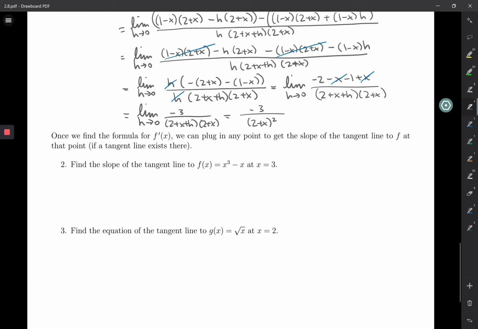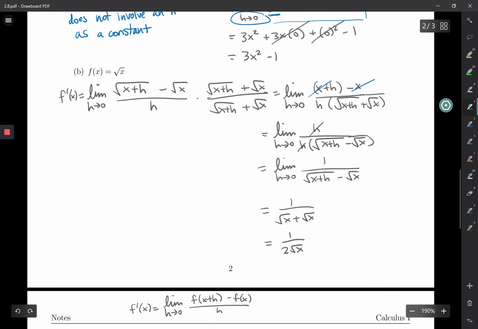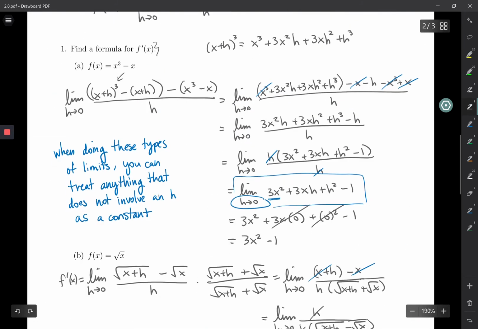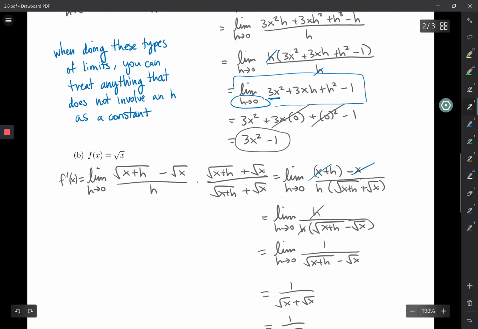Okay, so once we find a formula for f prime of x, we can plug in any point to get the slope of the tangent line to f at that point. So here, this is the function from part A of number 1. We already computed f prime of x, and we got 3x squared minus 1.